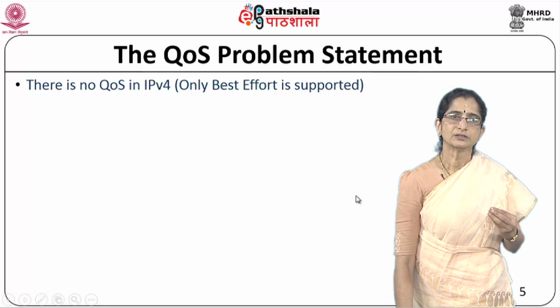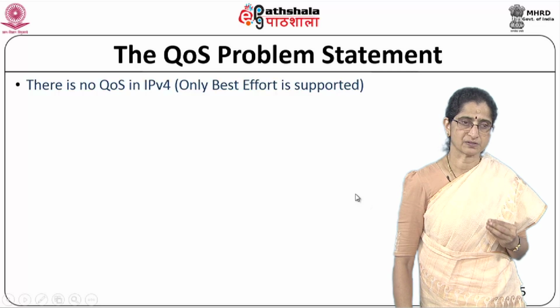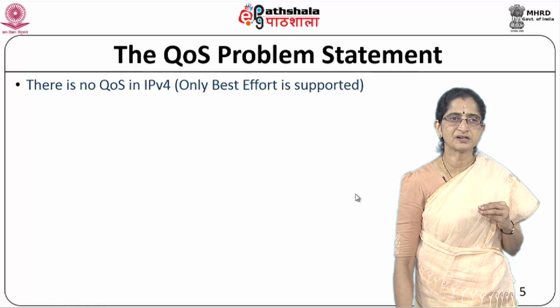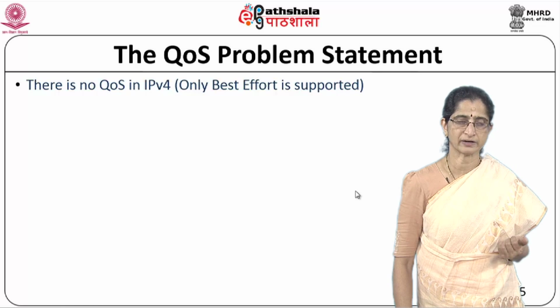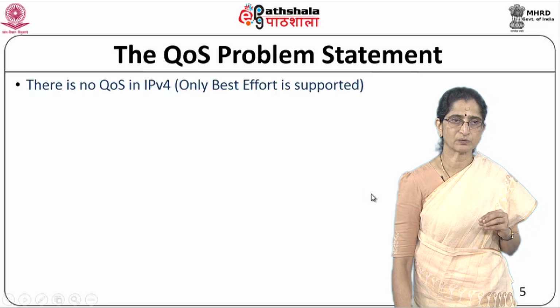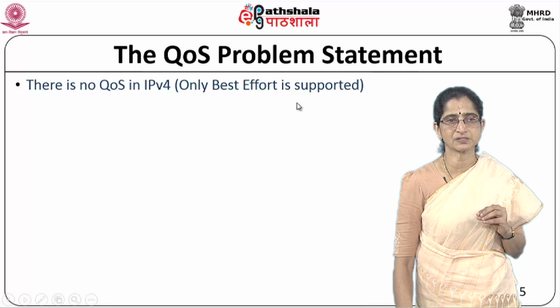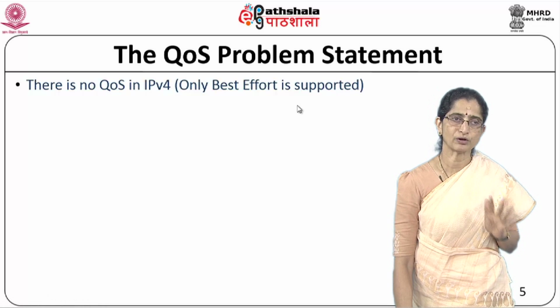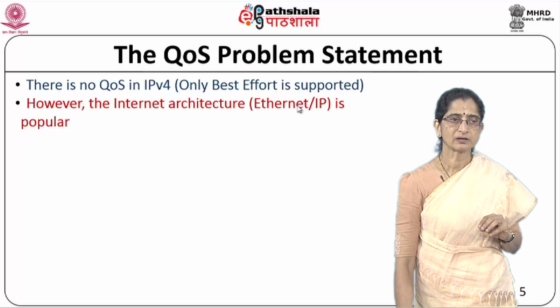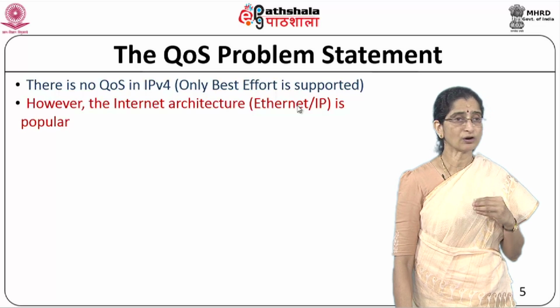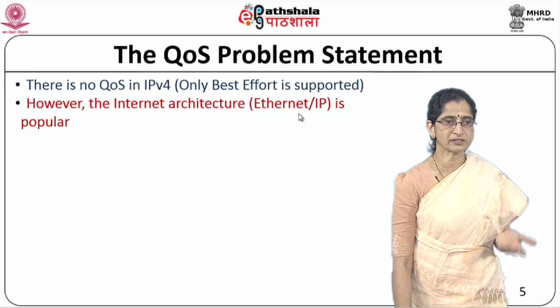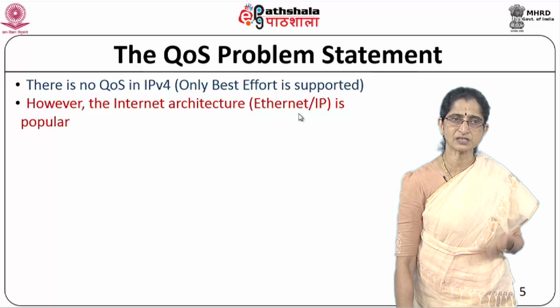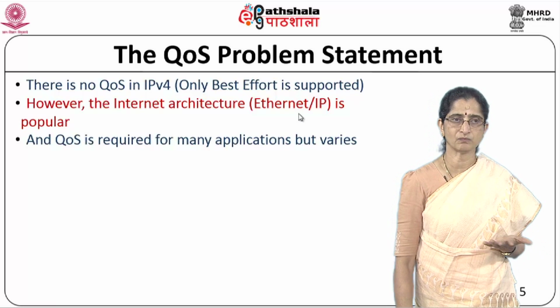So why do we have to worry about this quality of service? Let us look at the current scenario in our IPv4 networks. IPv4 networks only provide you a best effort service. Since it provides only a best effort service, there is no direct support for quality of service in IPv4. But you cannot replace this network with another network because the internet architecture, the Ethernet IP combination, has become very popular and is widely used.